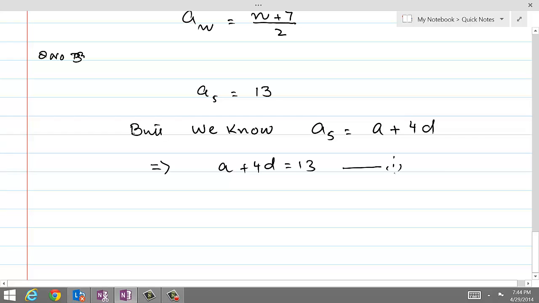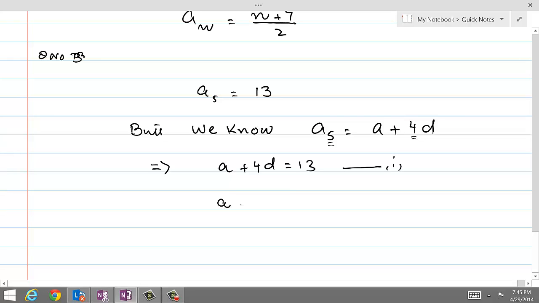And similarly, we are also given that the 17th term is 49. So obviously, if the subscript was 5, the coefficient of D was 1 less than 5, which is 4. Now, if the term is the 17th, then the coefficient of D would be 1 less than 17, that would be 16.